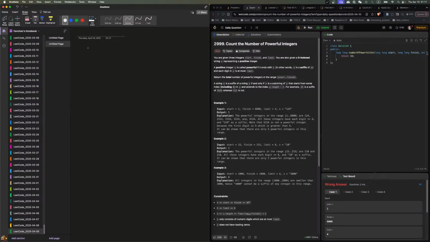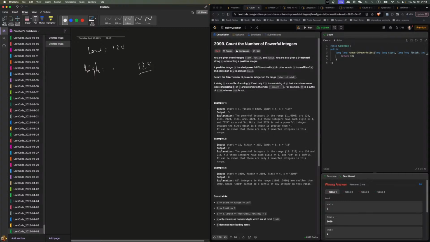Lower bound in this case is 124. Right? And a higher bound is the biggest that's smaller than 6,000. Highest is smaller than 6,000 with a suffix. So we have a suffix 124, right? Highest, it doesn't matter what it is.